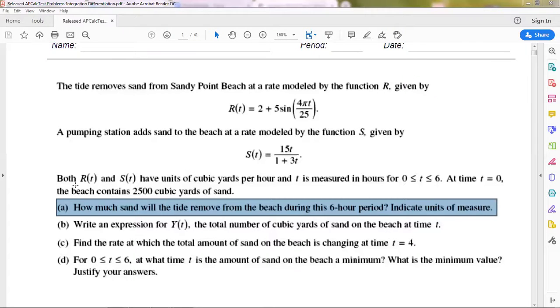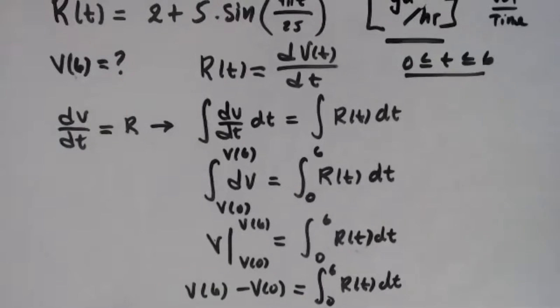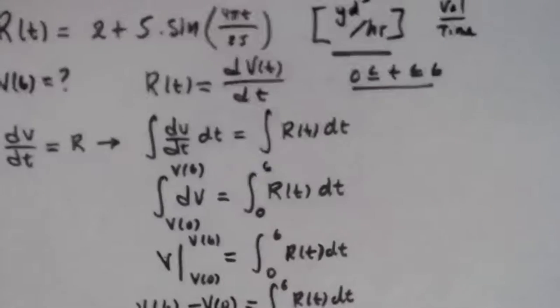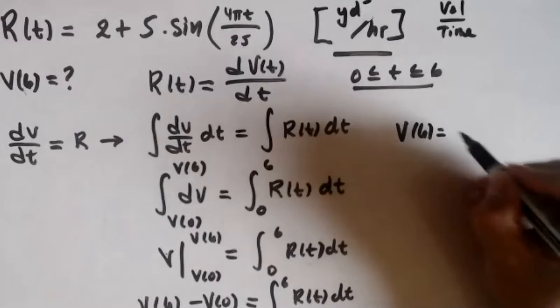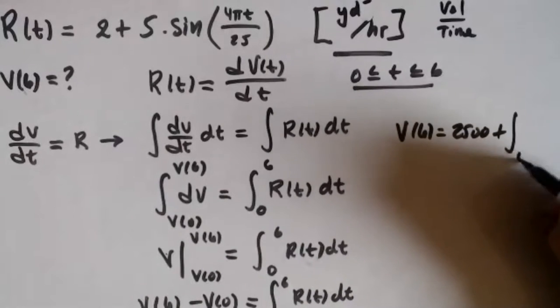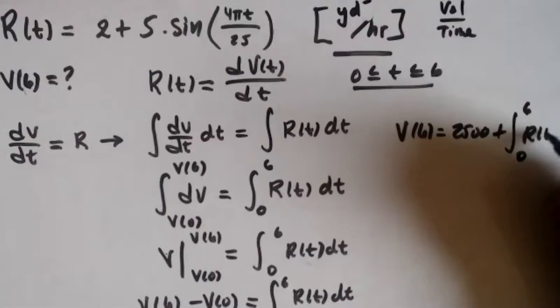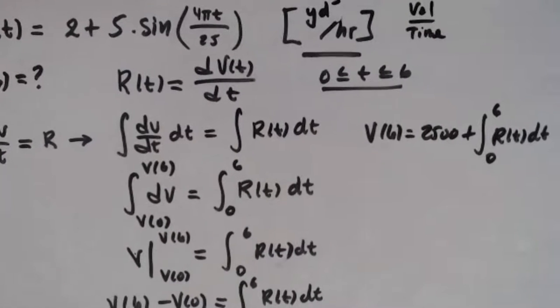The beach contains 2,500 cubic yards of sand at time 0. So this is 2,500. I'm going to move this to the right a little bit. So V of 6 is 2,500 plus the integral from 0 to 6 of r of t dt, correct? That's my formula.